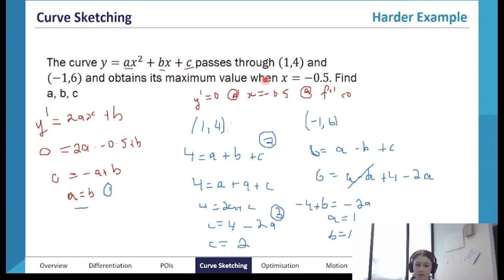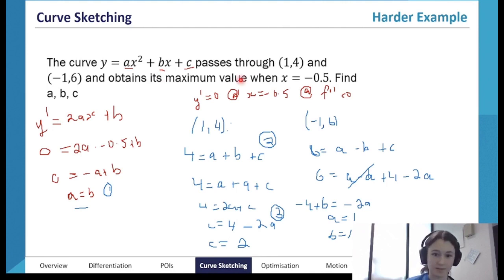Oh, one more thing that I should mention is I did mention that the condition for this was that the second derivative was less than 0. You can go ahead and prove that the second derivative is less than 0. But another thing that you could say is because this curve is a parabola, it's only going to have one stationary point.